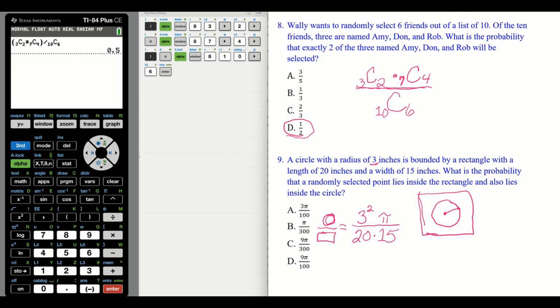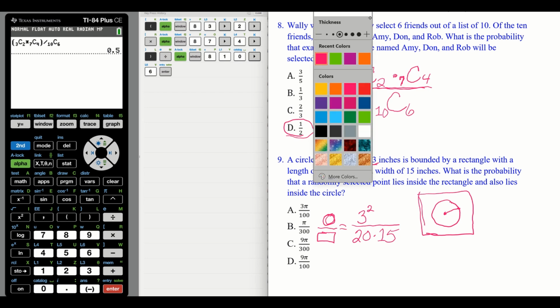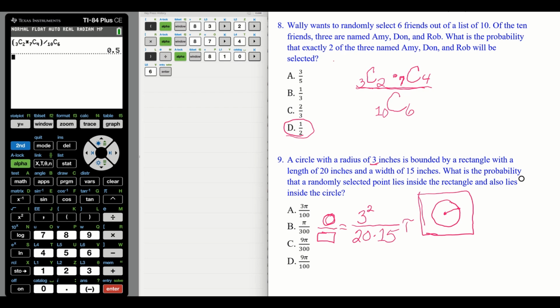Well, what do I mean? We can say that we're multiplying pi in over here. So let's take 9 divided by, let's say I don't know what 20 times 15 is, times 15.